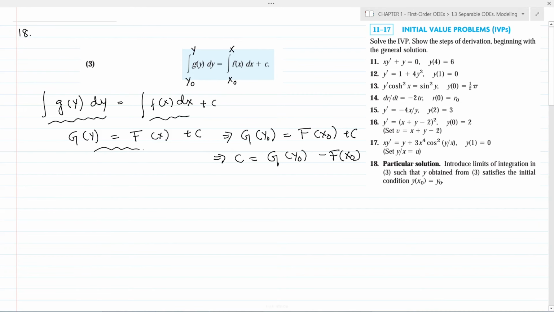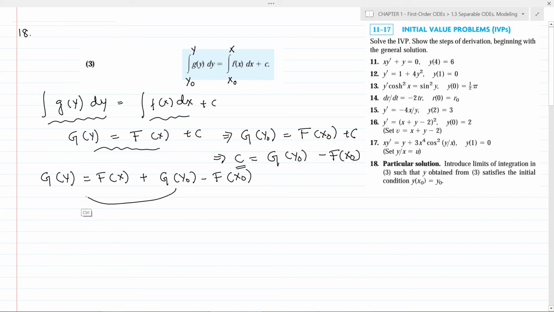Now, this was the general solution of the differential equation. We can get the particular solution by substituting this value of c that we got, and we can write the particular solution as G of y equal to F of x plus c, which is G of y naught minus F of x naught.